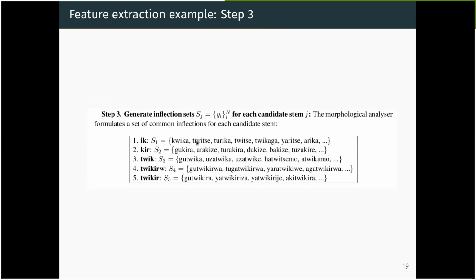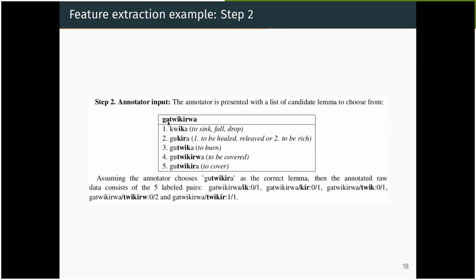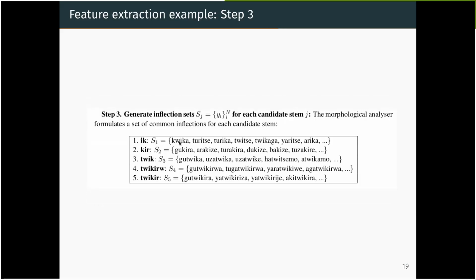So you compile a list of inflections of the verb kwika, and then you measure the similarity score between this verb gatwikirwa and these inflections. If the stem is ik, it might still be very similar to these inflections. If it is about gutwika, it may be closer to this inflection group.